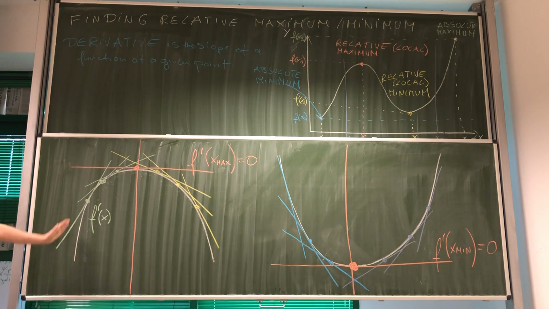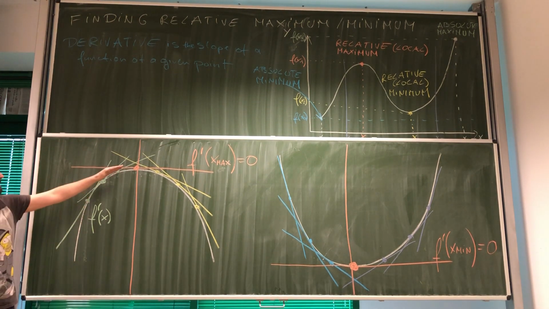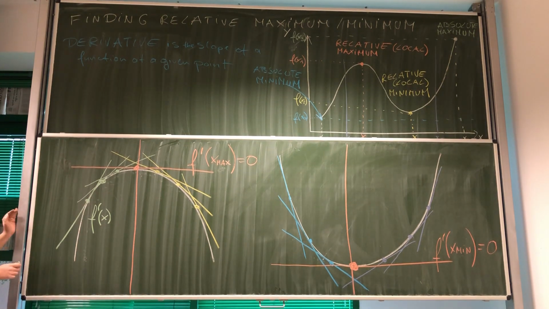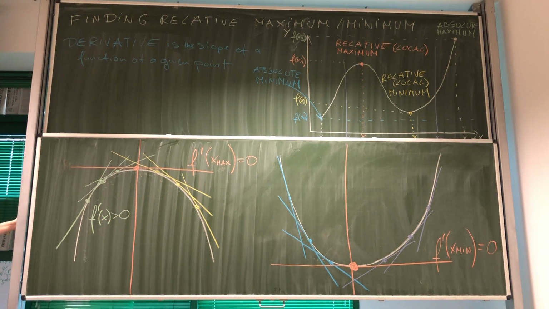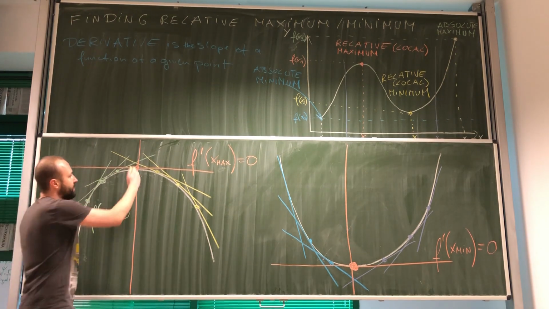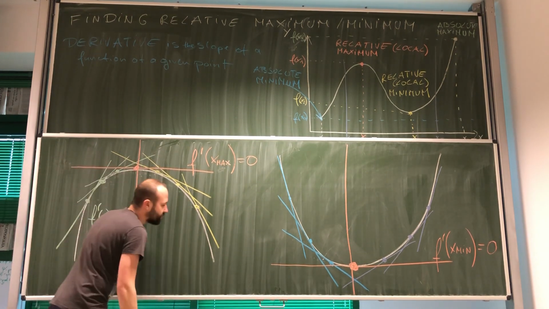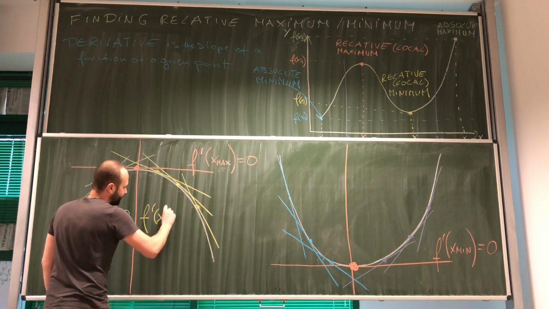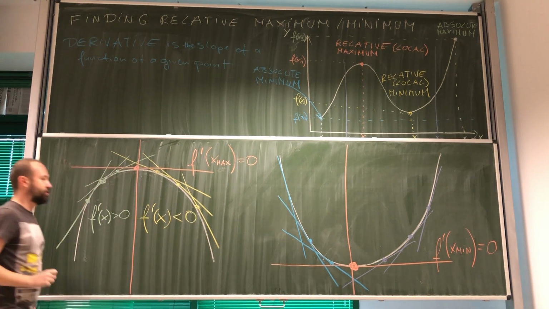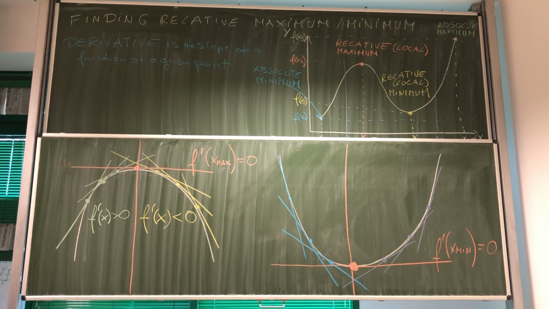Well, if the function is upward sloping, it means it increases, so the slope of the function measured by the derivative should be positive. Now, what is happening over here? Well, now we see the function is downward sloping, so the value of the derivative should be negative.